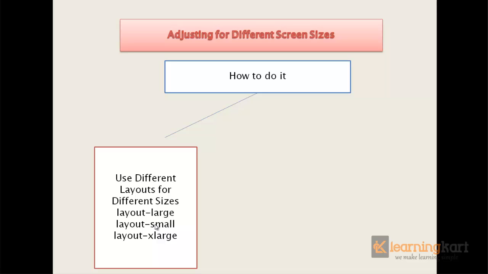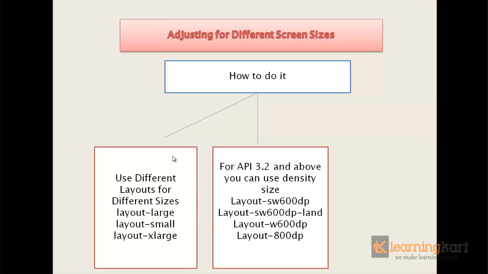So you'll have to take care of fonts, and of the sizes at which the components show up. All these you need to scale up when the size scales. Now as more different sizes came into the picture, beyond 3.2 we have another option wherein you can specify the size you want your layout to respond to.